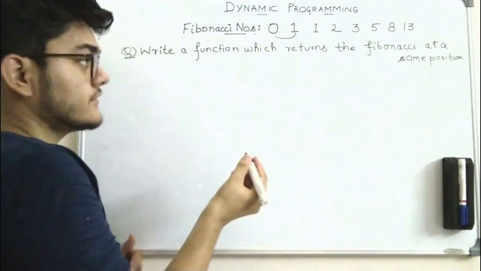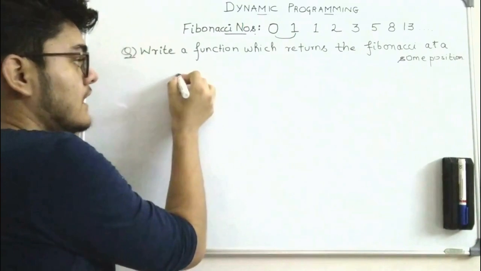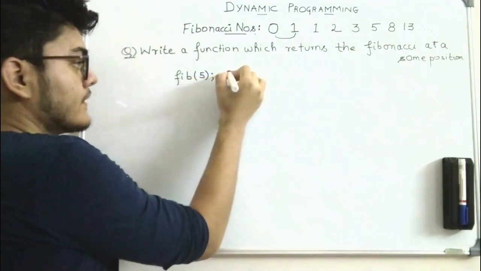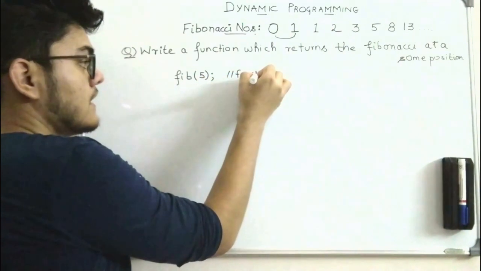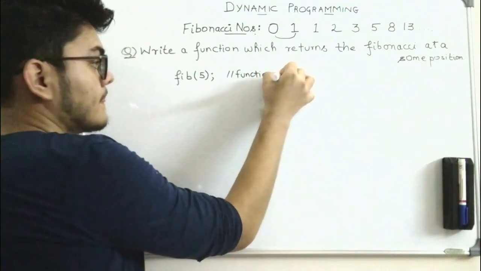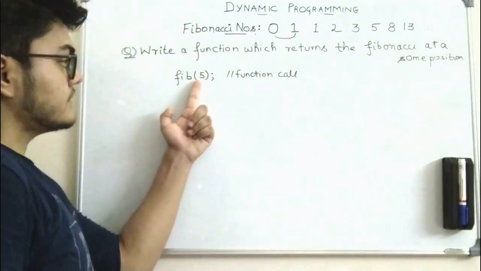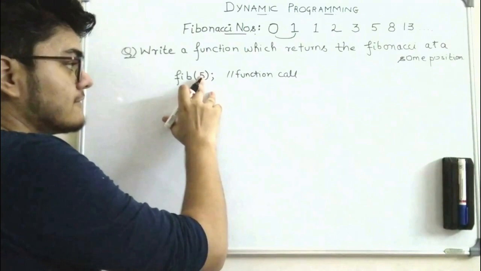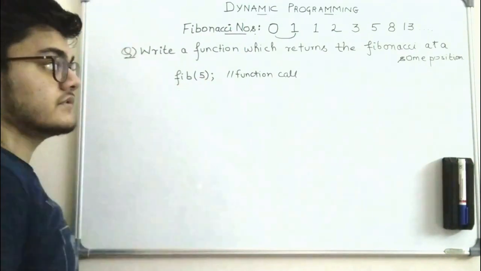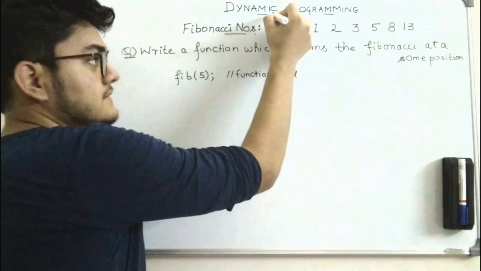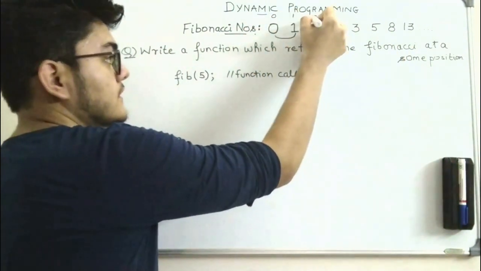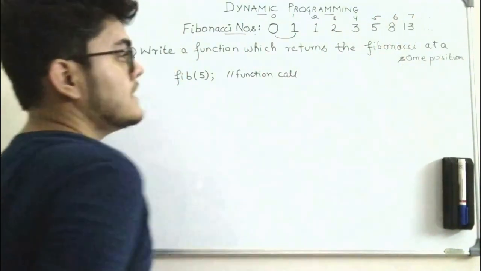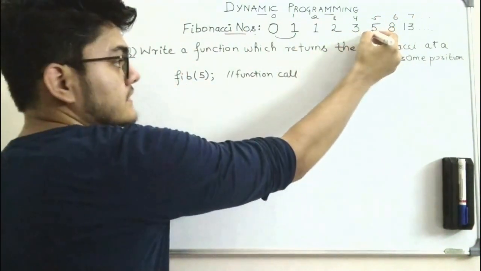So the function call will look like this. As you can see, in the function call I have provided a number. This number represents the position at which we wish to return the Fibonacci number, right? In this series, this is the 0th position, then 1, 2, 3, 4, 5, 6, 7 and so on. So the Fibonacci number at the 5th position is 5.